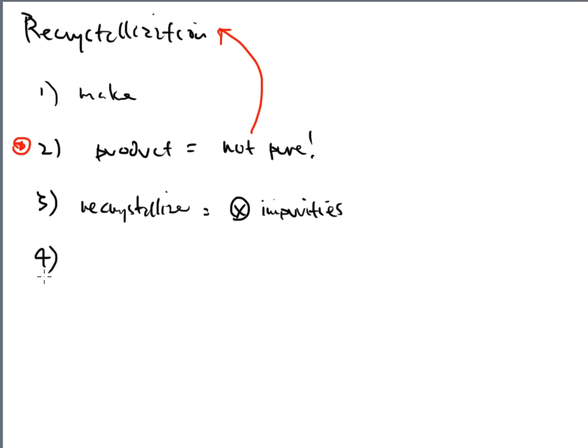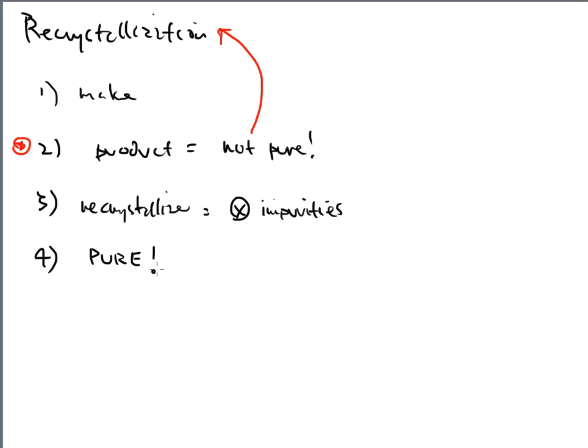And then I can go through the filtration steps, go through the cleanup steps, go through the next part of the laboratory procedure, and I will end up with a much purer product in the very end. Folks, that's the whole concept of recrystallization. And that's exactly what you're going to be doing in this lab. You're going to be focused on just recrystallization and performing the recrystallization the proper way.